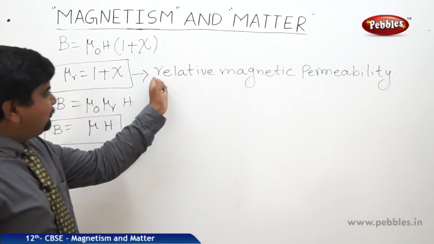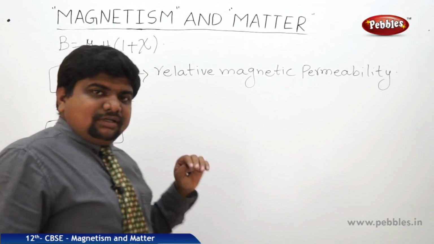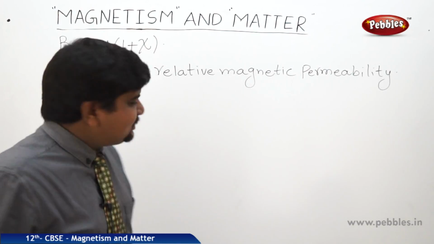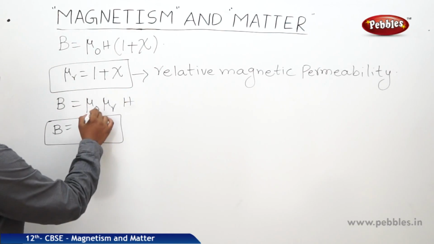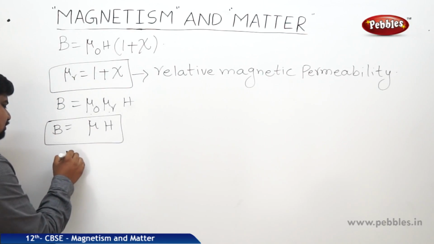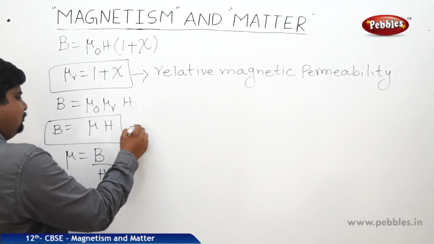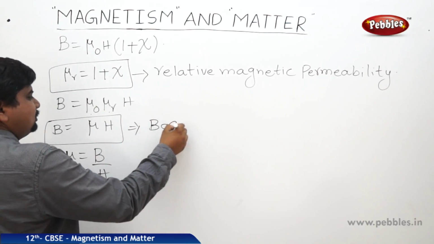This relative magnetic permeability value really gives the explanation of the different magnetic materials. So mu naught into mu r into H, we wrote B is equal to mu H. Therefore mu is equal to B by H, and we can write B is proportional to H also.